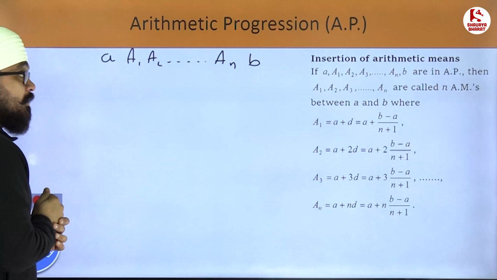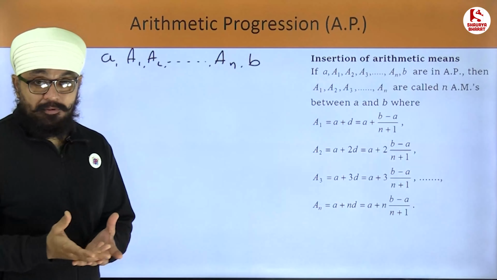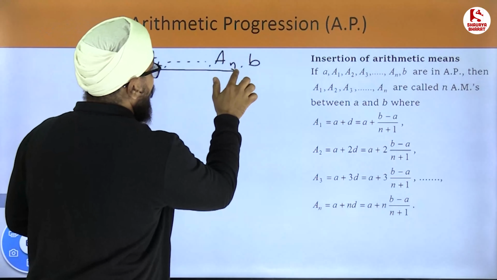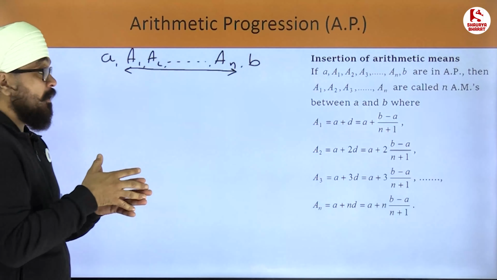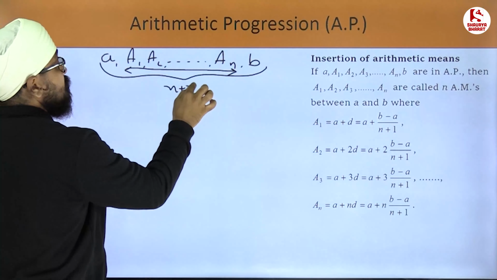Here again you either remember the formula or you can remember the concept. The concept behind it is that we have n terms inserted between a and b, and overall there will be n plus 2 terms.